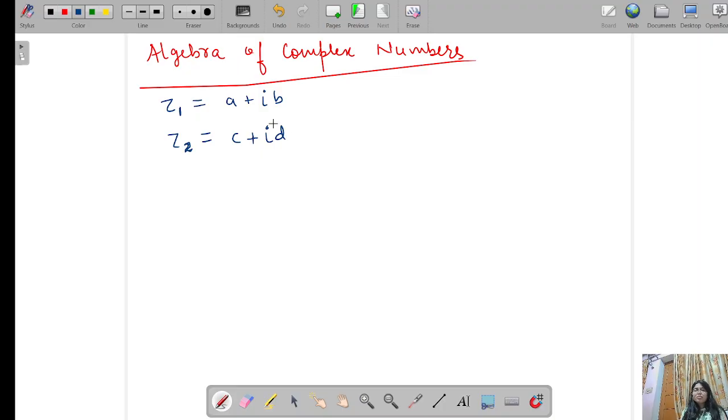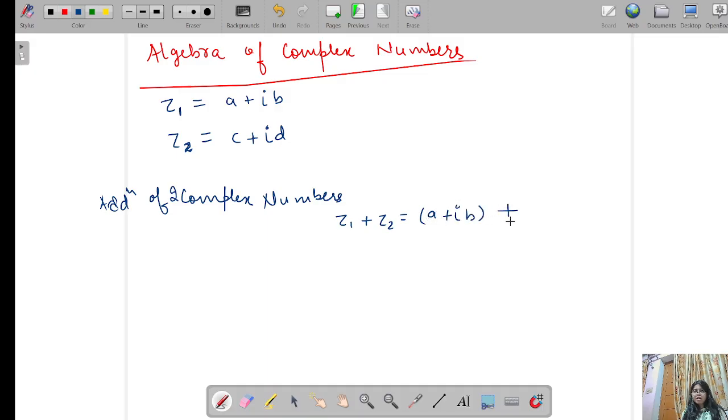Alright, so what I'm going to do first is addition of two complex numbers. Here I have to find z1 plus z2. I'm putting the values: a plus iota b plus c plus iota d.